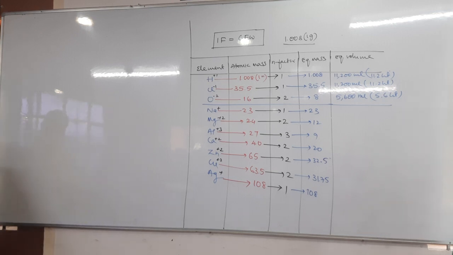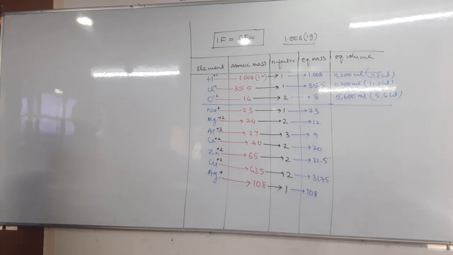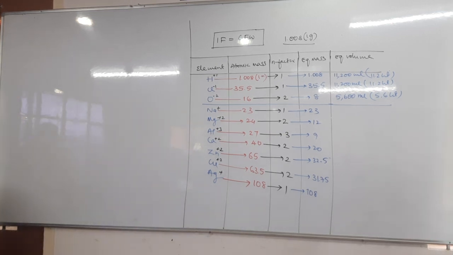Written question: how many grams of aluminium are deposited at the cathode on electrolysis of molten AlCl3 by passing 3 Faraday of electric current?